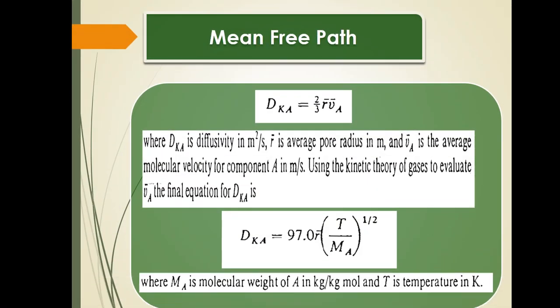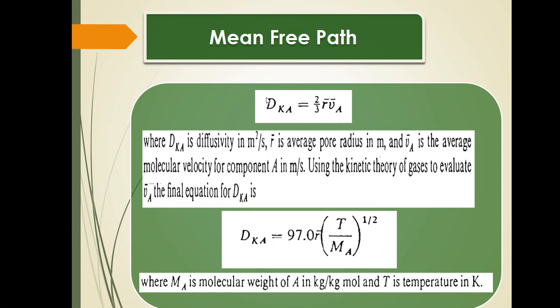Now, in terms of determining the diffusivity of a gas through a membrane, with the unit of square meter per second, it is dependent on the average pore radius and the average molecular velocity for component A, in meters per second. So this is the formula for that.